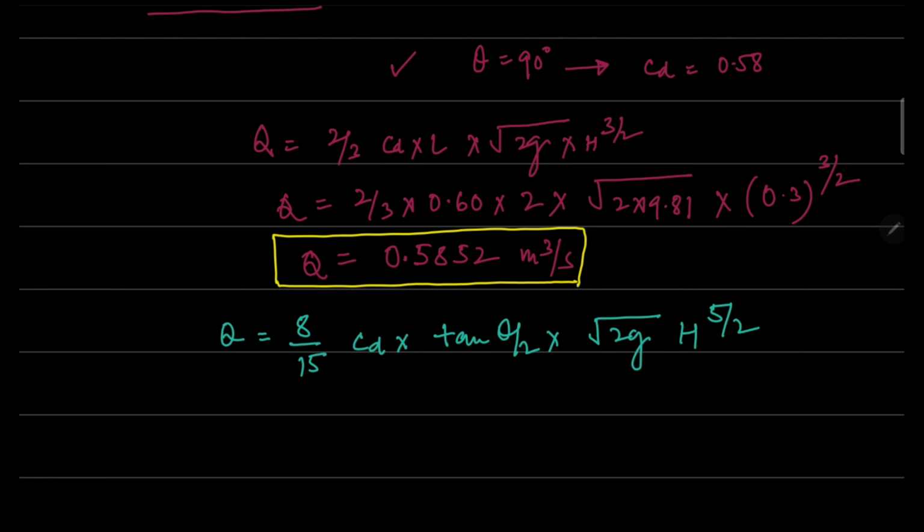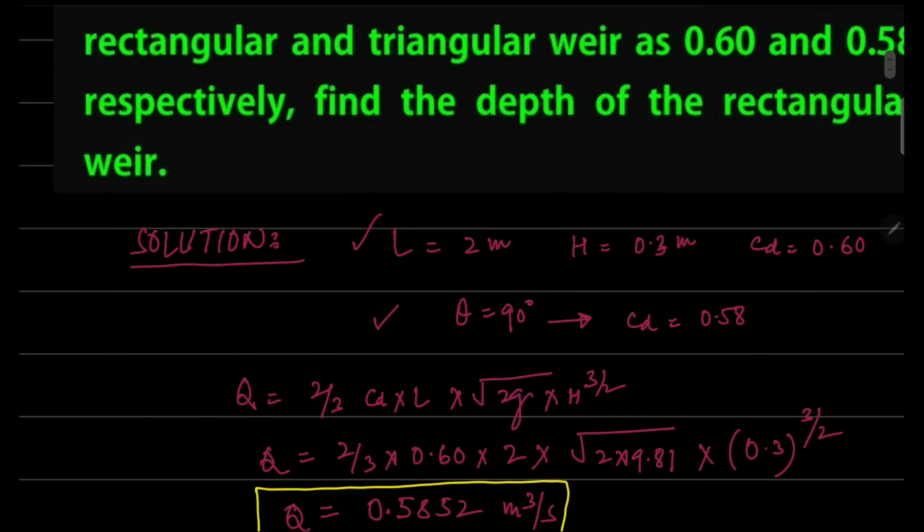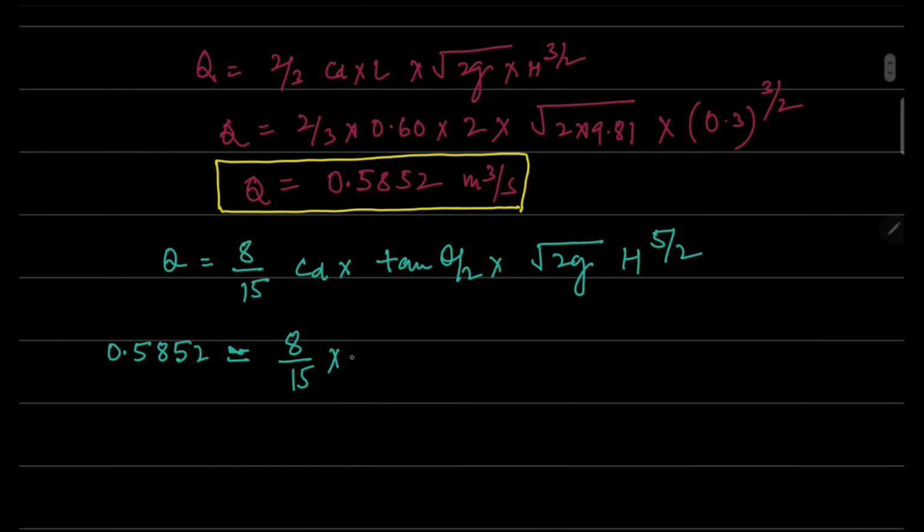We are just going to put in all the values. So the Q value 0.5852 equals 8/15, CD value is 0.58, multiplied by tan 45 degree, that is tan 90 by 2, multiplied by root 2 times 9.81, multiplied by h raised to the power 5/2.